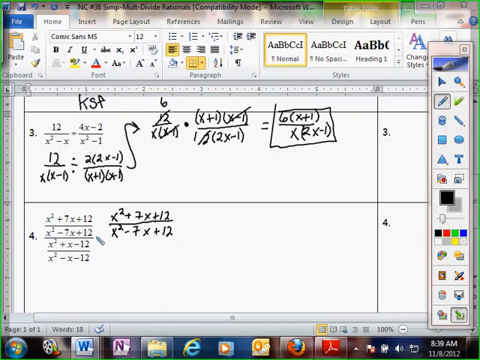All fractions are division, but I might want to separate this into this fraction divided by this fraction and make it look like this, divided by x squared plus x minus 12 over x squared minus x minus 12.